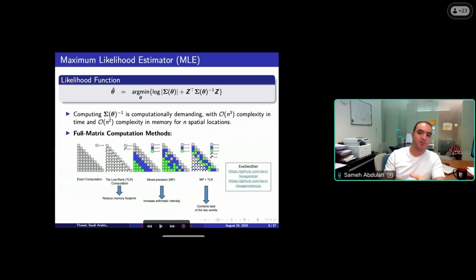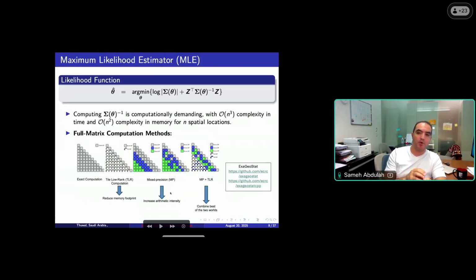For example, if we are reading temperature, most probably the temperature in New Jersey is very close to the temperature in New York. But the temperature in Jeddah, for example, is not that related to the New Jersey temperature. So this covariance function, or covariance matrix, captures the correlation between different locations based on the distance.